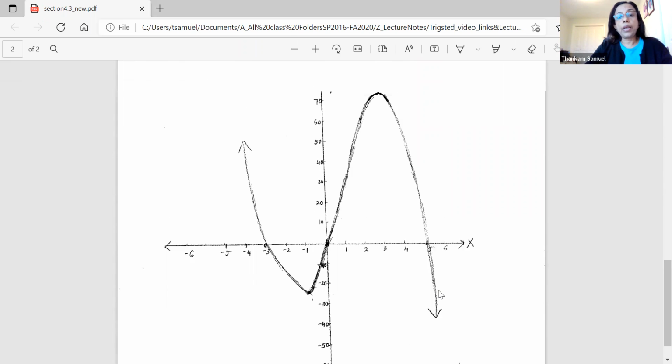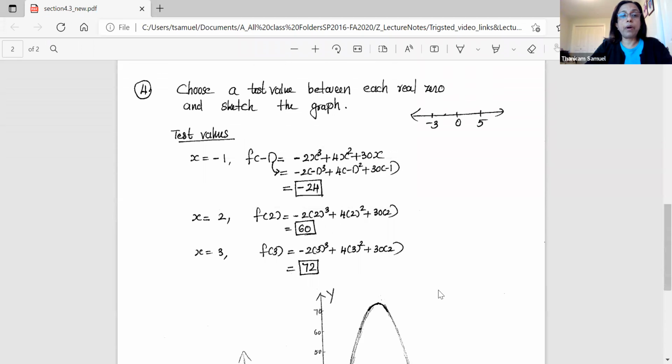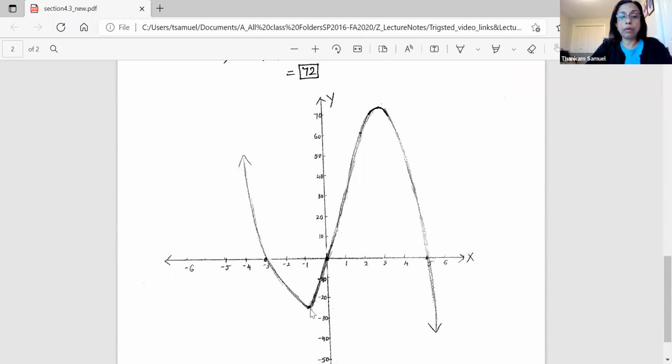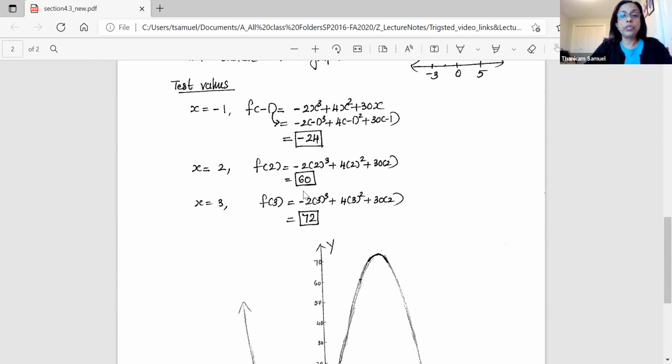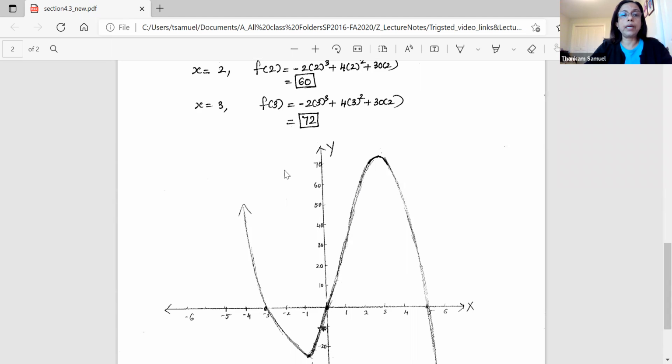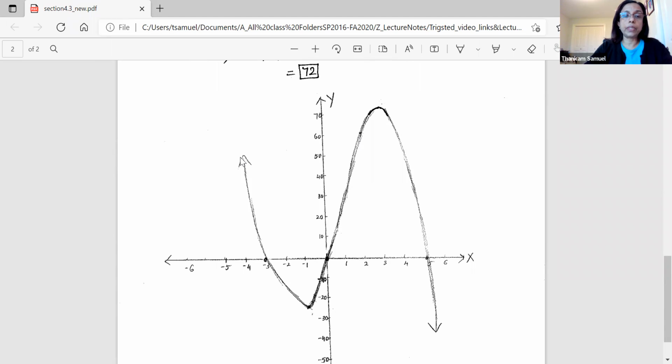Using the test values, corresponding to -1 it is -24, corresponding to 2 it is 60, and corresponding to x equals 3 the function value is almost 72. So we'll know how high the graph will go and how low the graph will go, and we can see the end behavior starts up, finishes down, and at the zeros the graph crosses the x-axis. So this is the graph of the given original polynomial function. Hope you understood the graphing of a polynomial function.